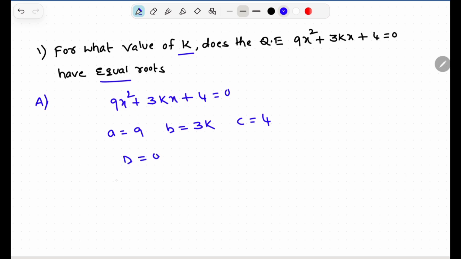Now what is the D formula? b power 2 minus 4ac equals 0. So what is the b value? 3k.